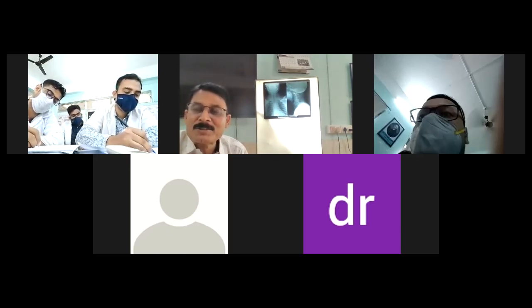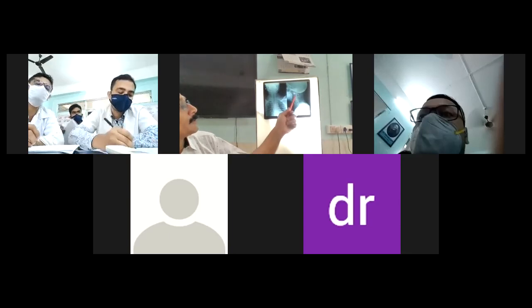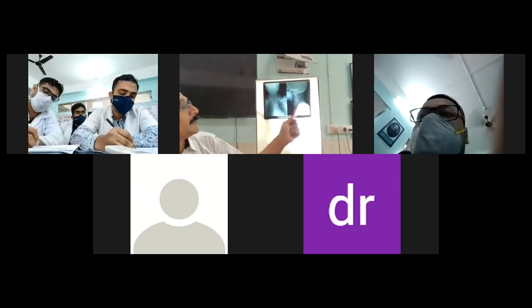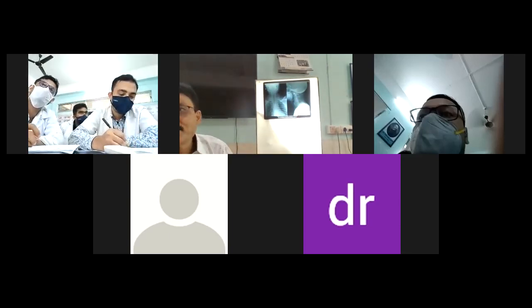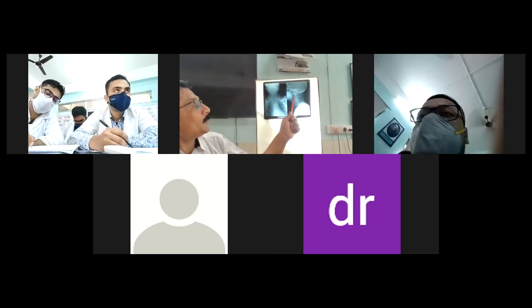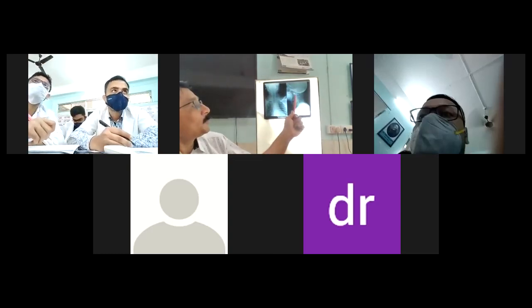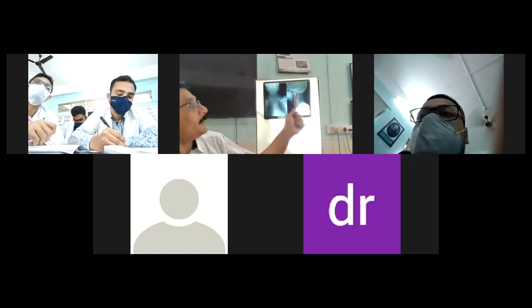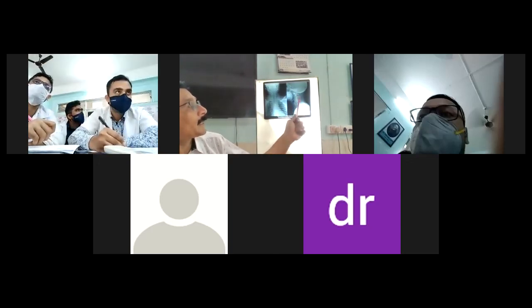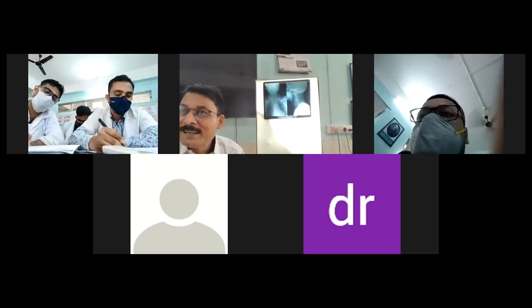Then in the alignment, you have four lines. One is called the anterovertebral line, one is called the posterovertebral line, one is called the posterior facet joint line, and another is called the spinous line. Four lines. One line goes along the anterior border of the body, another along the posterior border of the body, another through the joints, and another through the spinous process. These four lines are very important.